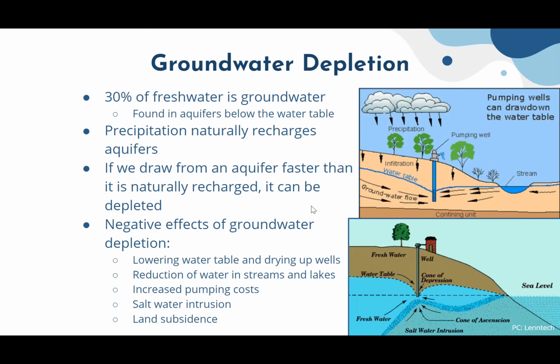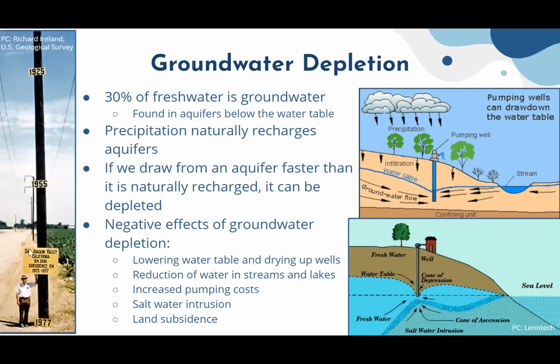And it can cause a lot of issues with our infrastructure, and it can cost us a lot of money to rebuild things if the ground is sinking. Also, once that ground has been compacted, there's really no way to fill it back up with water, so it can lead to permanent aquifer depletion, which is not ideal.